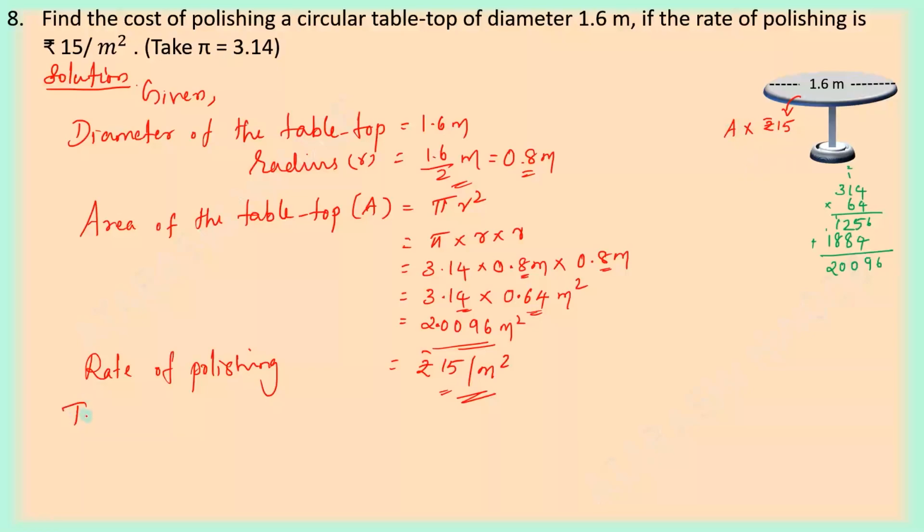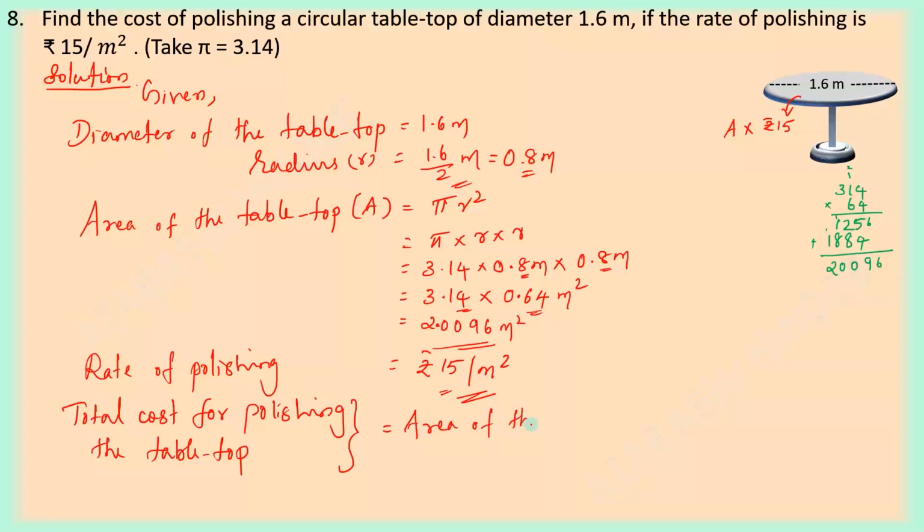So, total cost for polishing the tabletop equal to area of the tabletop multiplied by cost for 1 meter square area.